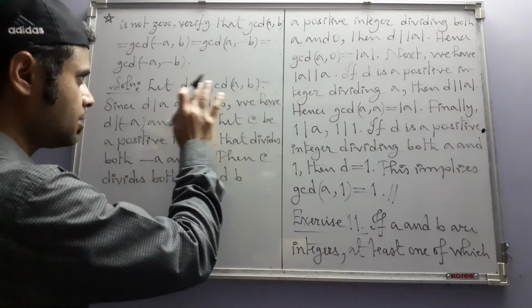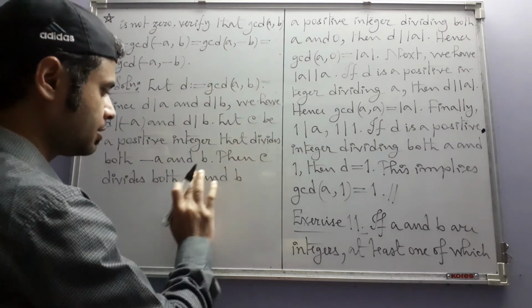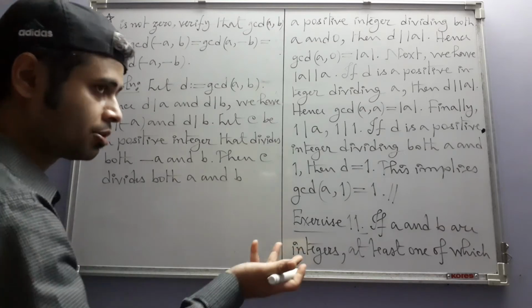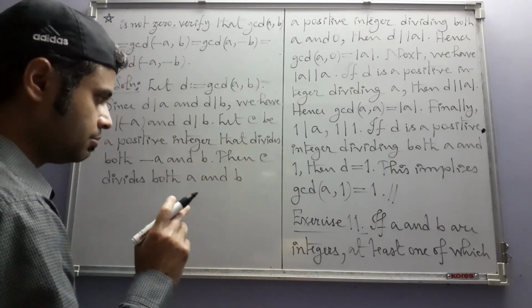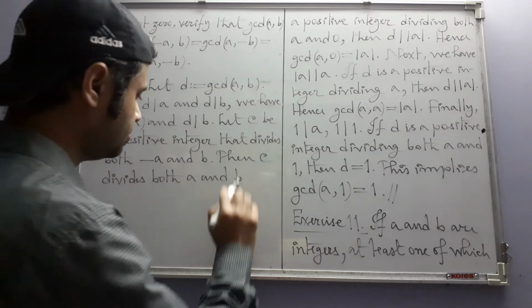Now D is the GCD of A and B, and C is a common divisor of A and B. So C has to divide D.